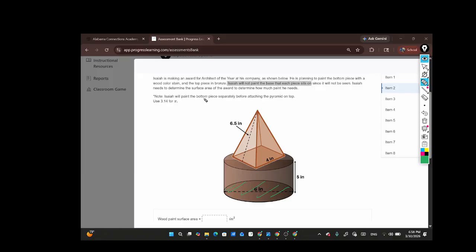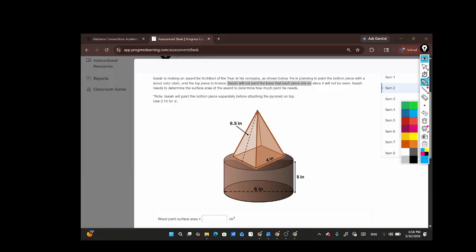But remember that Isaiah will paint the bottom piece separately. That's why Isaiah will paint the top base of the cylinder, and Isaiah will paint the side of the cylinder. We know in geometry that to find the surface area, we need to find the area of all sides.